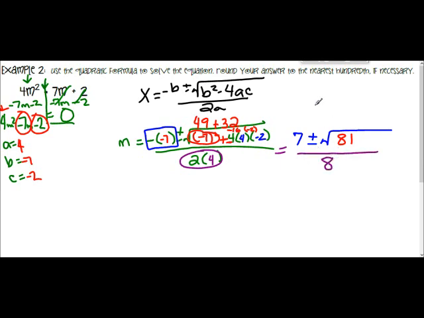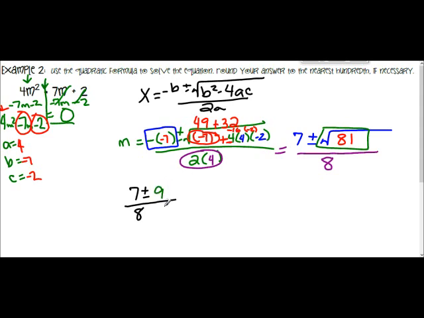Okay, so again, we're just taking that, we're breaking it down into little chunks, right? So now I can take that square root of 81 right here. So I'm going to have that 7 on the outside, the plus or minus, and it's all going to be divided by 8, except now I'm taking the square root of 81, which is just 9.